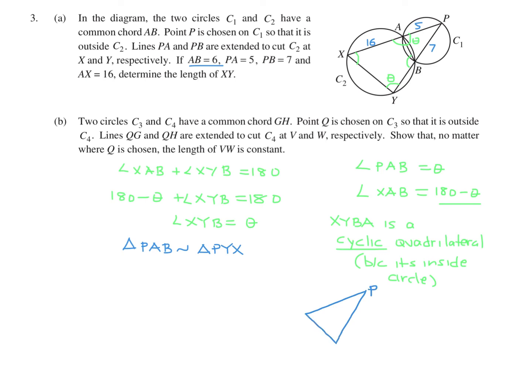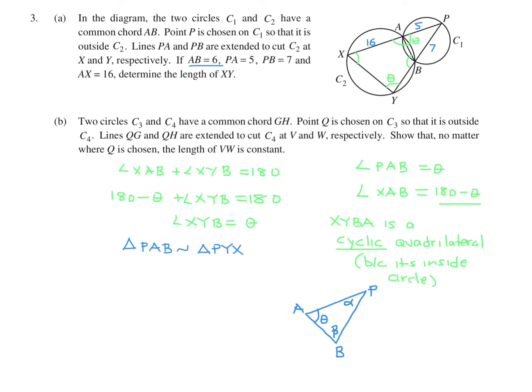Here's P, here's A, here's B. And the angles, well, this one I had already labeled as theta. And this angle, whatever you want to call it, I'll just call it alpha. And then this angle we'll call beta or gamma. Whatever, it doesn't matter.